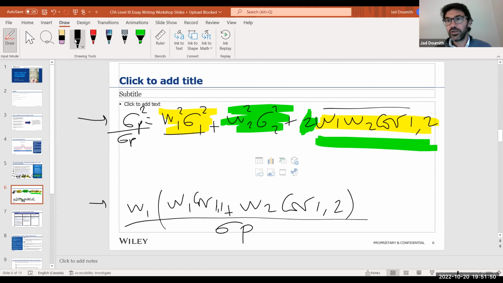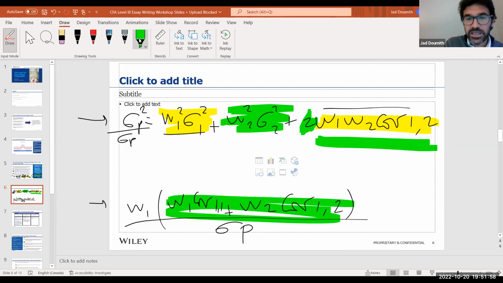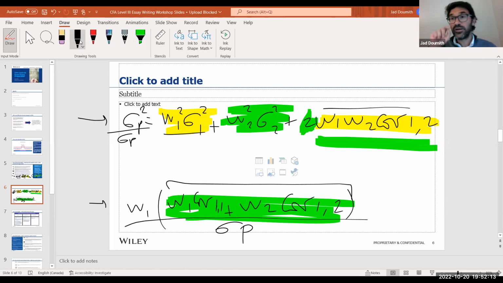At this point, a nicer result will emerge: if you look inside the part I'm highlighting in green, that's weight one times the covariance of one with itself plus weight two times the covariance of one with two.